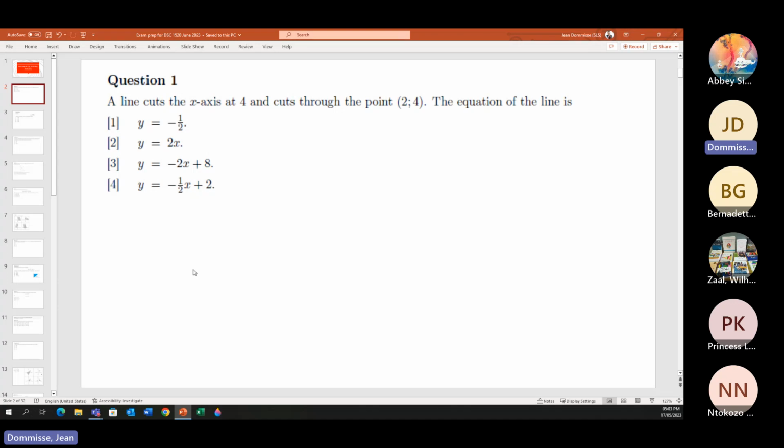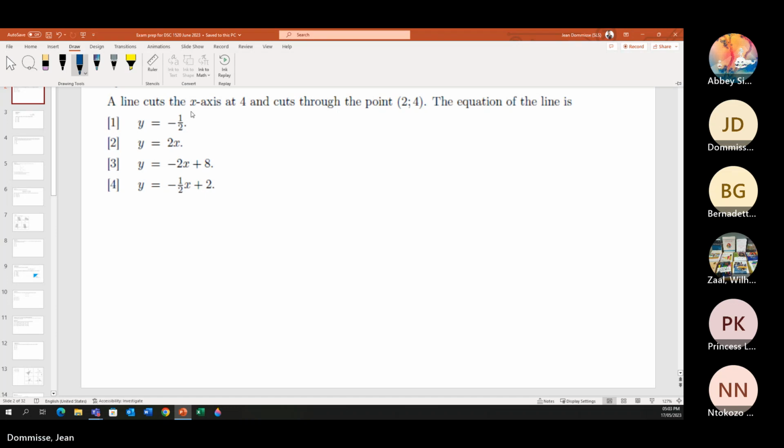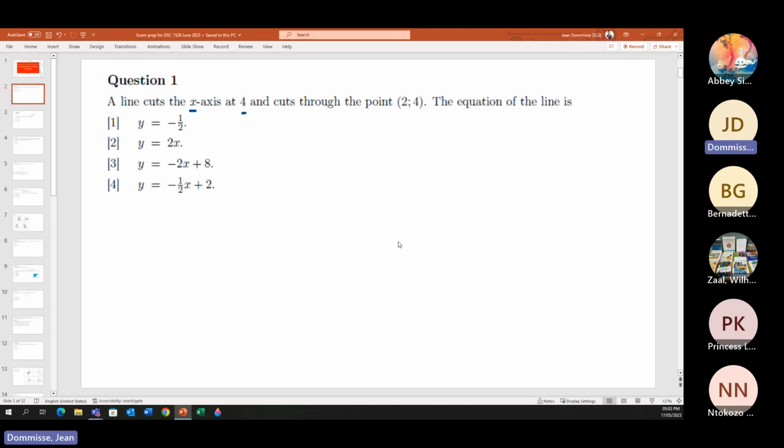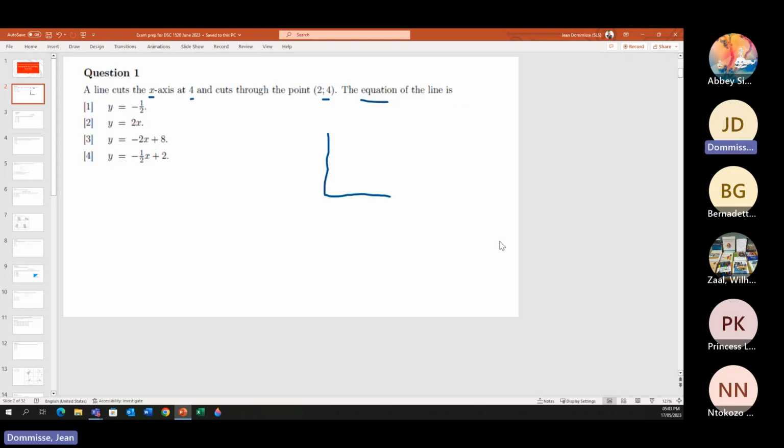They tell us a line cuts the x-axis at 4, and cuts through the point (2, 4). Then they ask you to work out the equation of that line. Let me just quickly draw something like that.